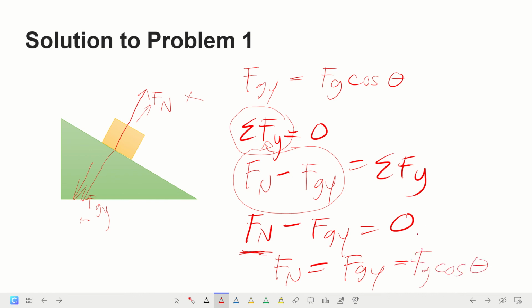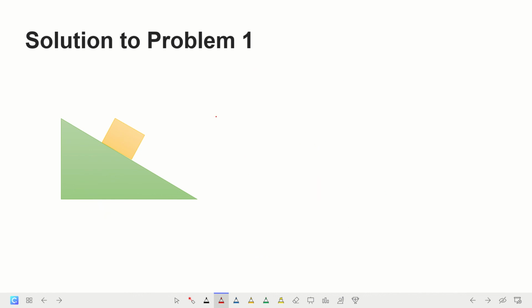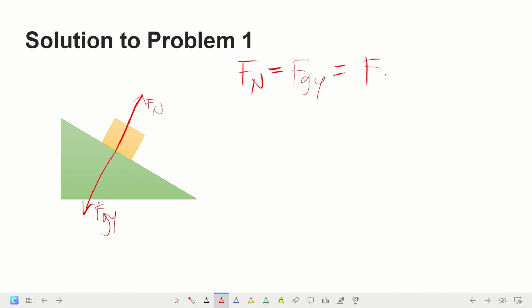So, let us now solve for the value of F of n. F of n is equal to our Fg of y, which is equal to force due to gravity cosine theta.